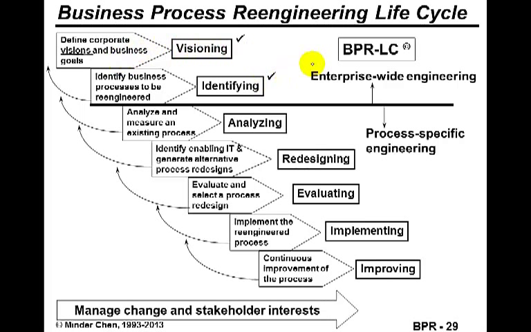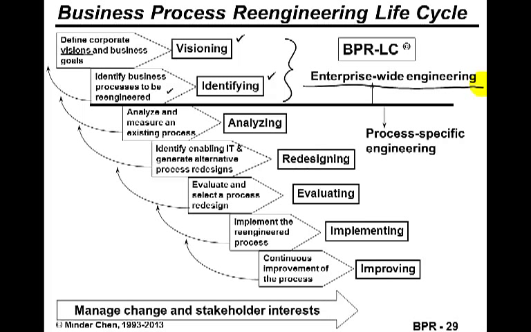The second step is to identify the core business processes that we are going to re-engineer. In this stage, we need to identify those processes, prioritize them, and decide which ones deserve our attention for a re-engineering project. These two steps are considered part of the enterprise-wide re-engineering initiative.